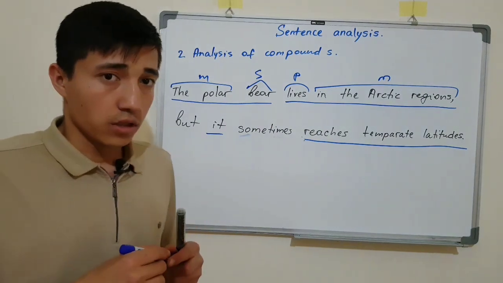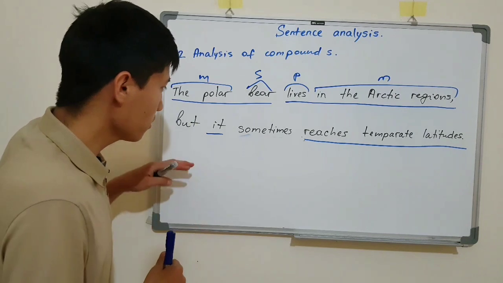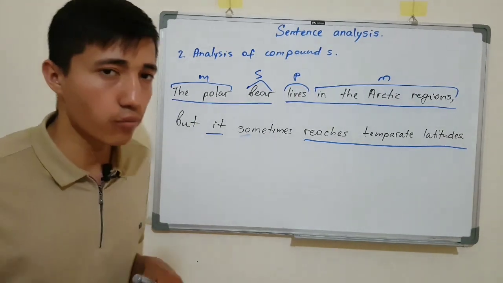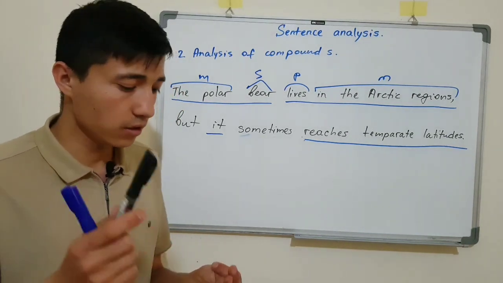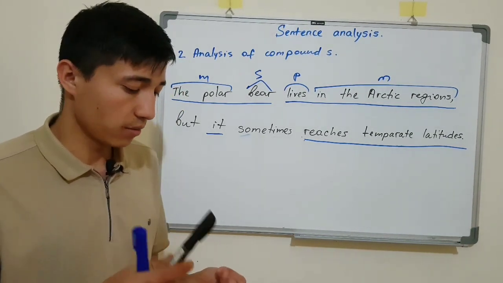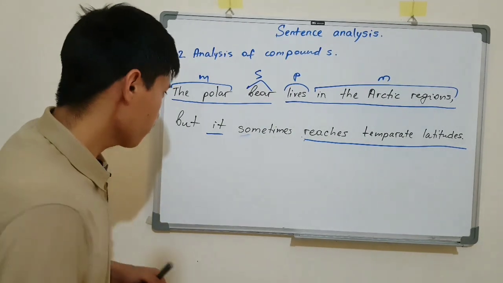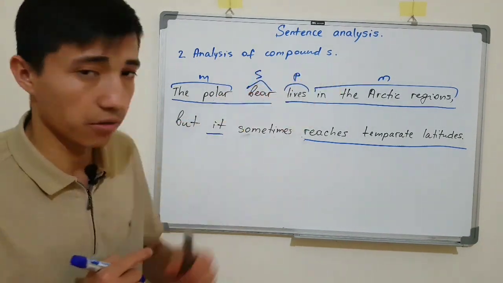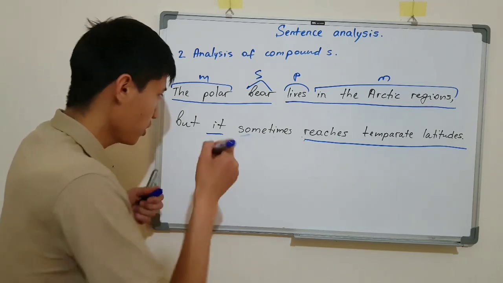And we can form a compound sentence with the help of what? Conjunctions. FANBOYS stands for for, and, nor, but, or, yet, and so. They are the main things of the compound sentence.